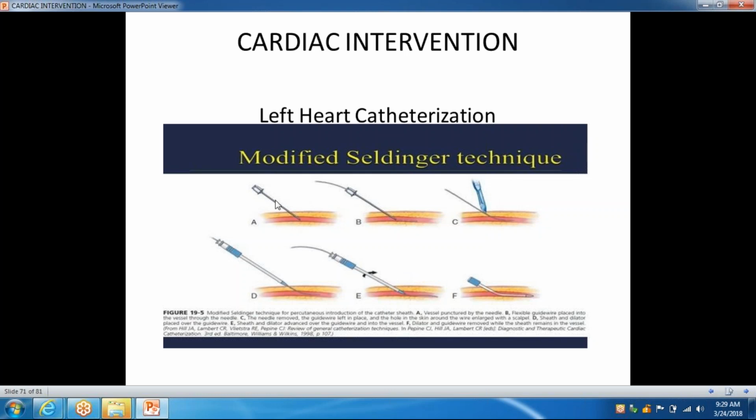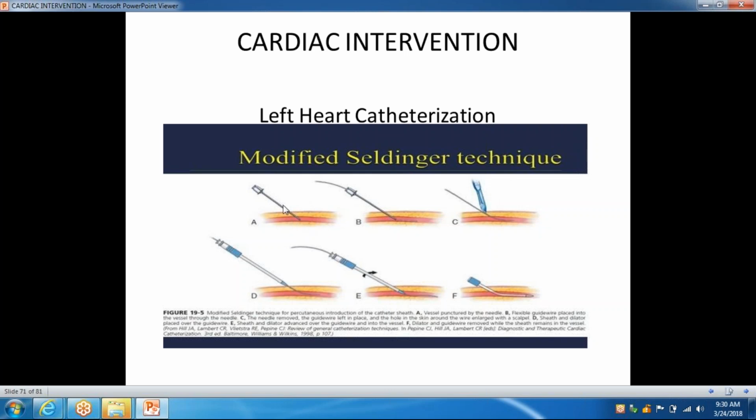That is, we have a needle, because we have to puncture the artery. So we have our needle, and we don't want to go through the blood vessel. We want to stay in the lumen of the blood vessel. So we take our needle and we gently puncture the blood vessel.